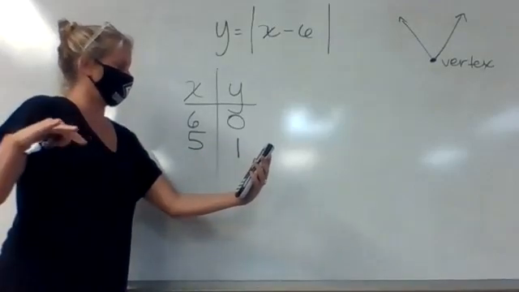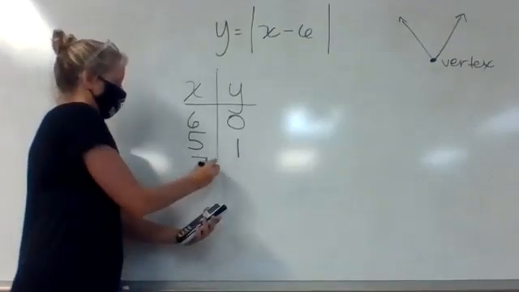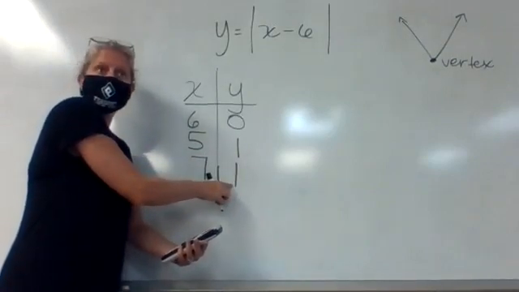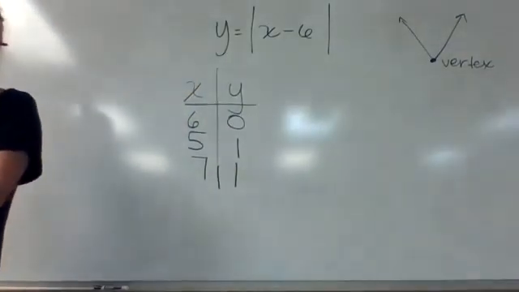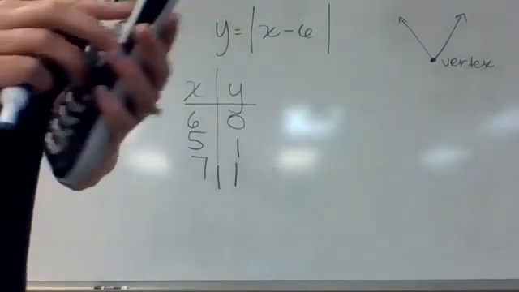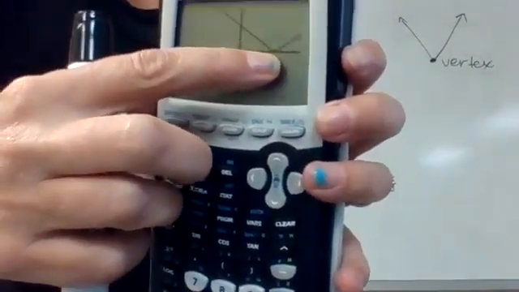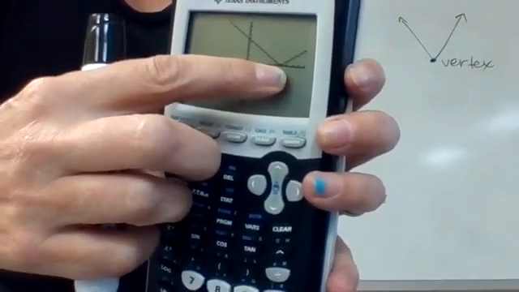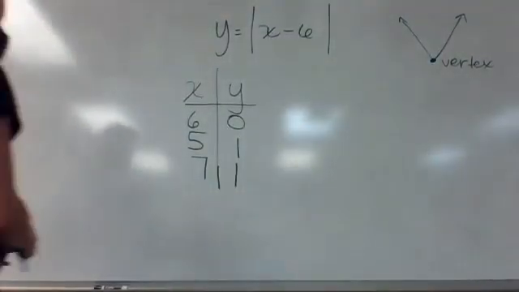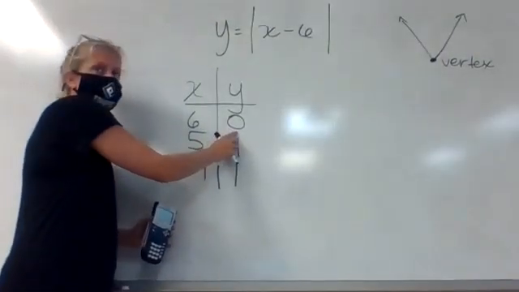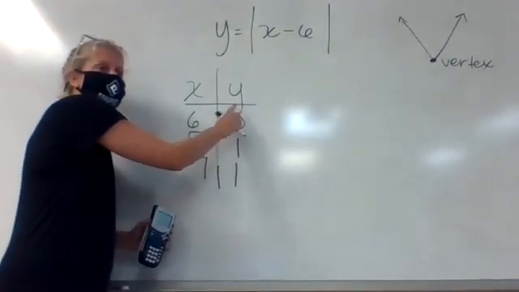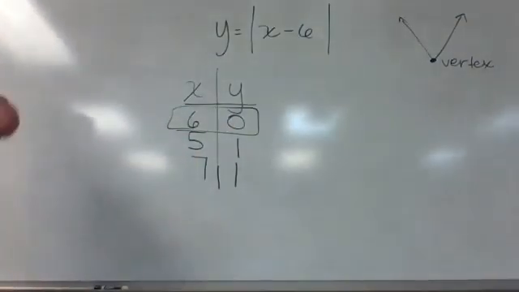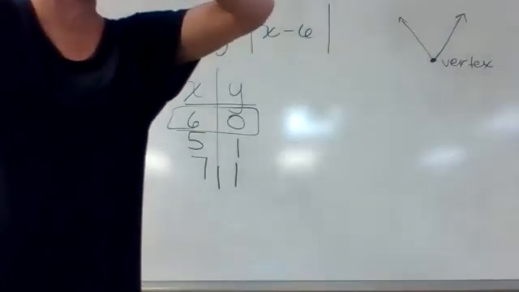Look right below the 6. When the x is 7, what is y? 1. There's your mirror. That's where it's starting to mirror. If you're eyeballing that graph, you can tell that its vertex is right there on the x-axis, where the y is 0. So this is your vertex, and on either side of it, it starts mirroring.